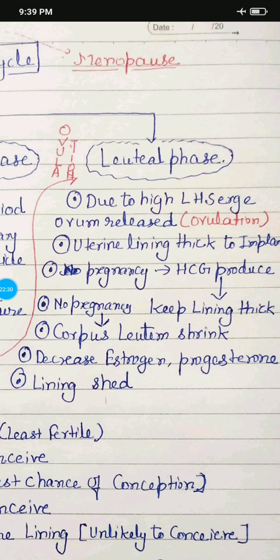HCG, human chorionic gonadotropin, is produced and keeps the lining thick. But if there is no pregnancy, the Graafian follicle, which becomes a corpus luteum, will shrink, decreasing estrogen and progesterone levels, and the lining is shed. Shed means cut off, and then the menstrual flow will happen.